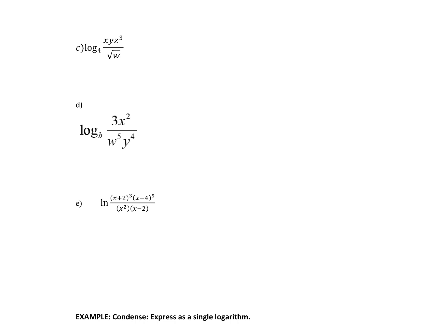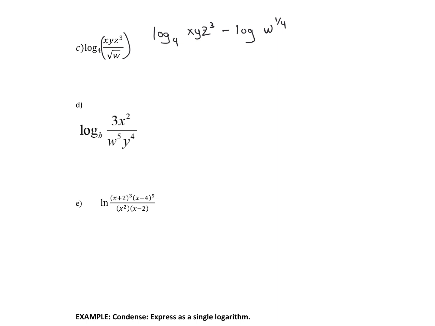Here we have several examples that have more properties that we need to use. So when I do the log of a quotient like this, I'm going to start by taking the log of the numerator, which is x y z cubed, minus the log of the denominator, which I'm going to write with a 1/4 exponent, because I know that if it has an exponent, I can move that exponent down.